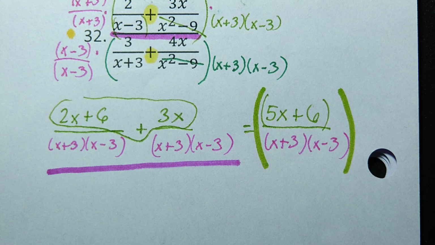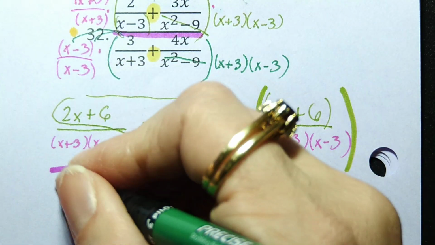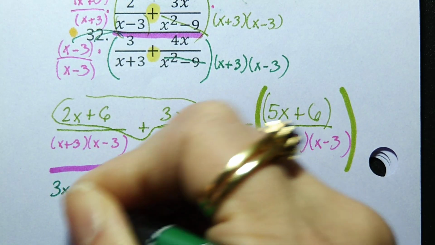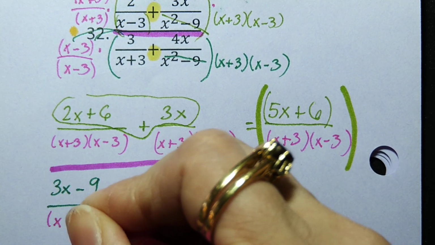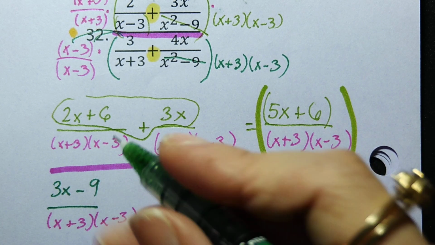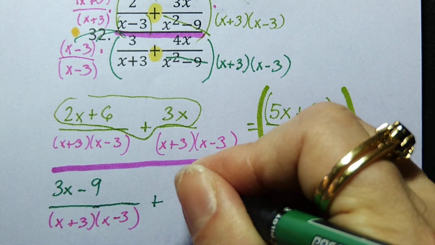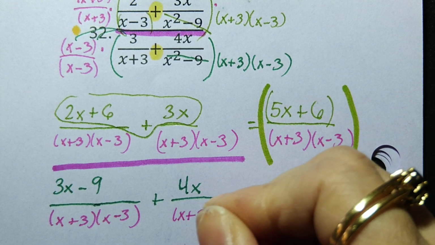No, because we can't take the 5 out of 6. Right? Because the x is 5 times x. I have no idea. Yeah, because when you multiply, it says there's 5x plus 6. Yeah, they're mine.